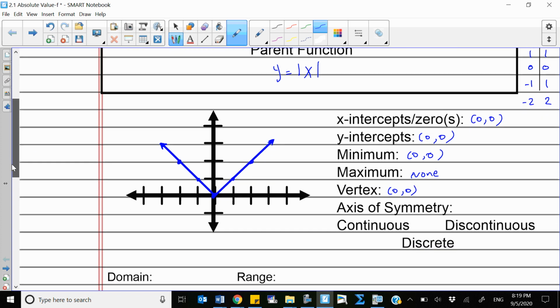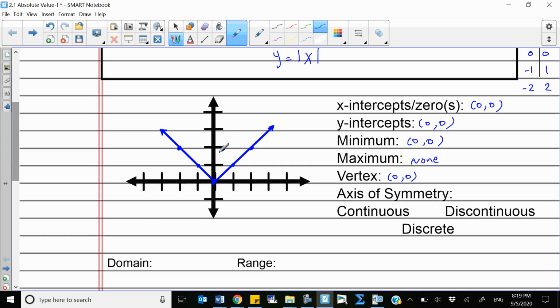Axis of symmetry. Do we see any kind of symmetry on this graph? Yes, as you see, if I consider this line like the y-axis, which is also called x equal to 0, the left side and the right side of the graph are mirror of each other to the x equal to 0.